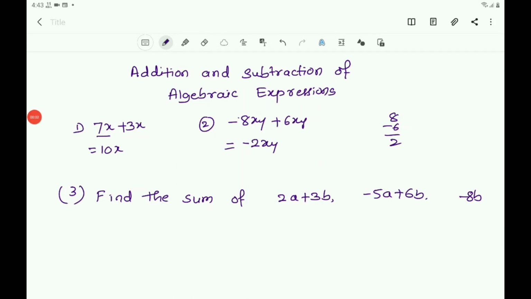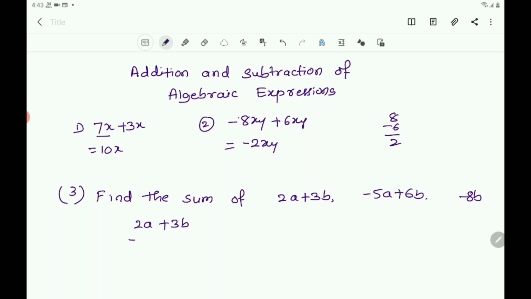Now the question is, find the sum of 2a plus 3b, minus 5a plus 6b, and minus 8b. In the first expression there are two terms, it is a binomial, so you write it as it is, 2a plus 3b. The second one is minus 5a plus 6b, and you must write the like terms one below the other.